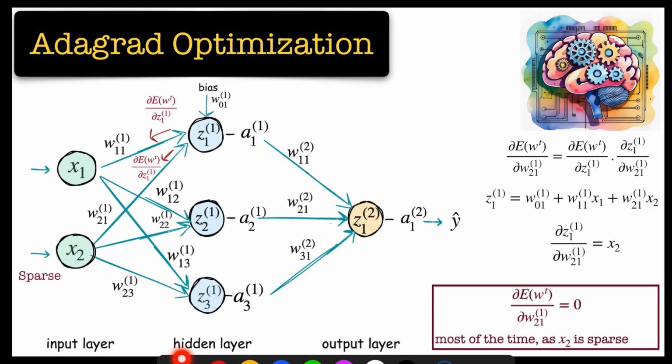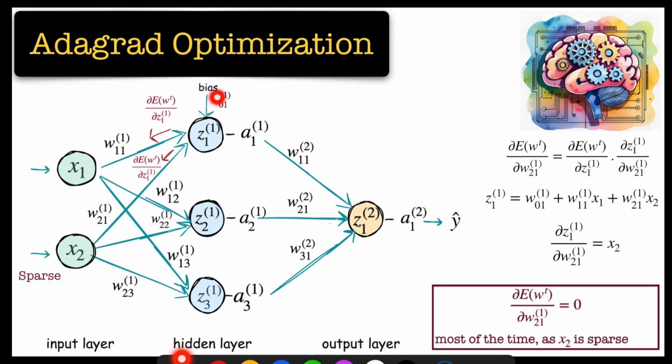So we have to calculate, let's say, ∂E/∂W211. Using the chain rule of calculus, ∂E/∂W211 will be ∂E/∂Z11 times ∂Z11/∂W211, right? So what is Z11? Z11 is a linear combination of the previous layer.